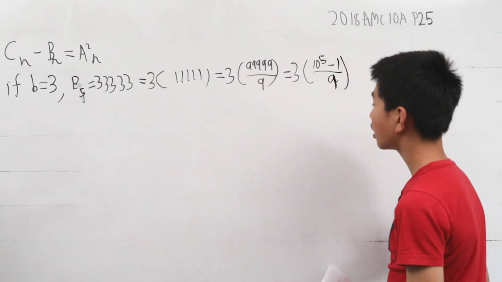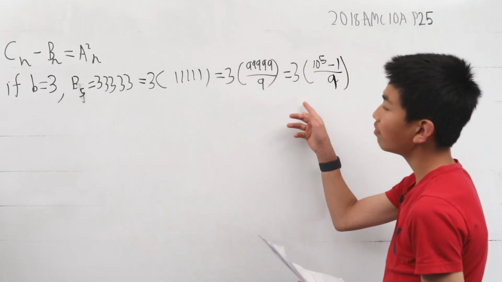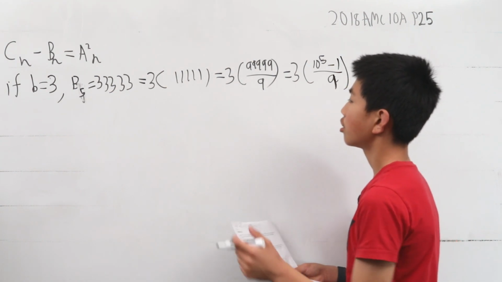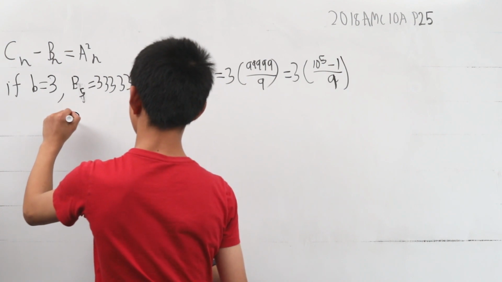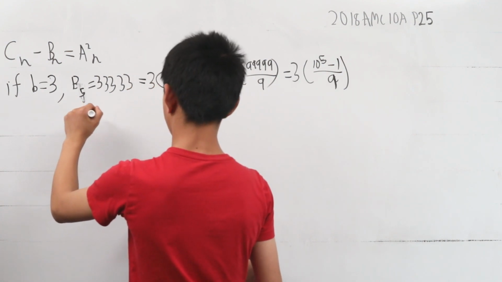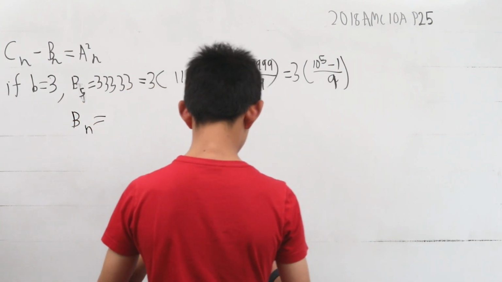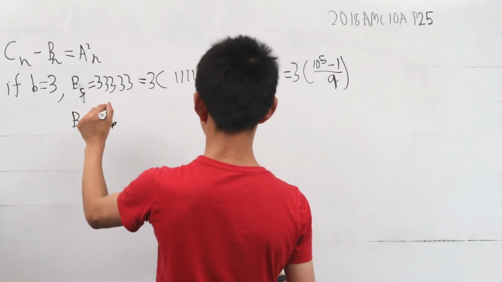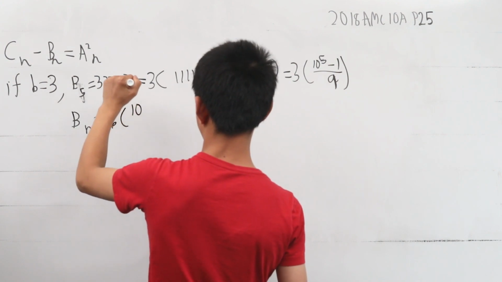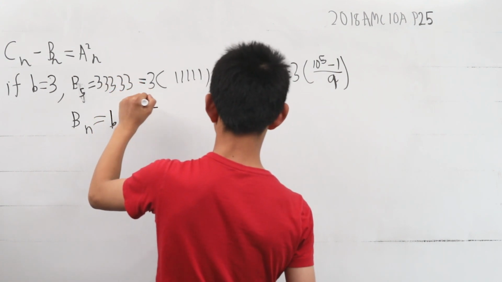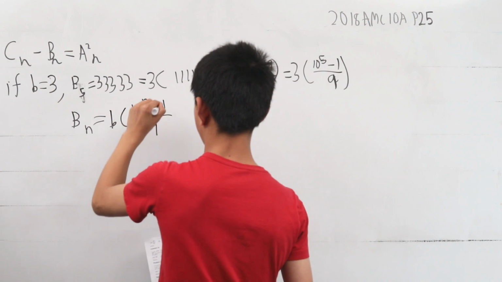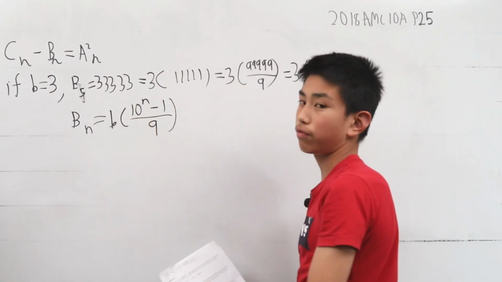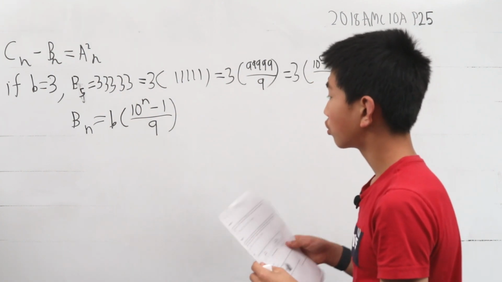So we realize here that b sub n is going to be equal to that same constant, which is b times 10 to the power of n minus 1 over 9. And this also applies to a, but not for c, because it's 2n digits.